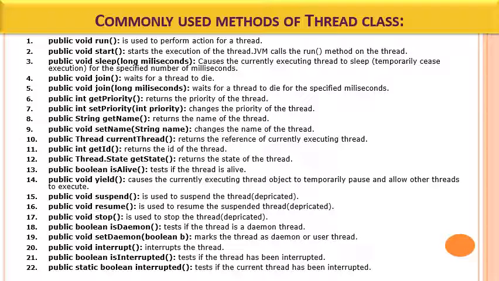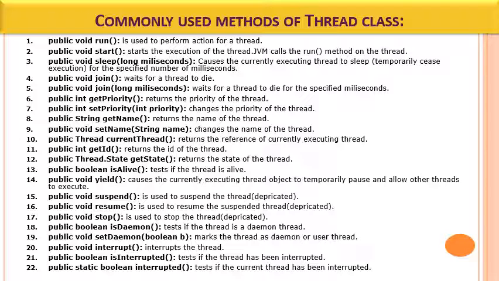The next is sleep. You can cause the currently executing thread to sleep temporarily, to cease the execution for a specified number of milliseconds. The next is join, which waits for a thread to die.